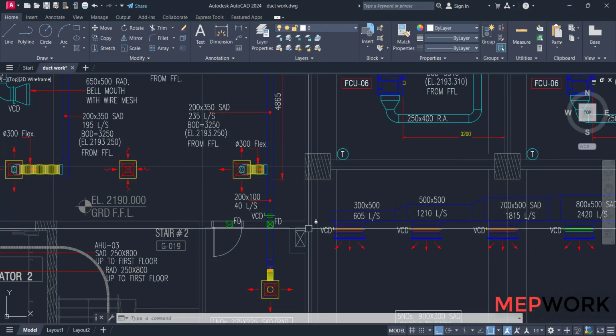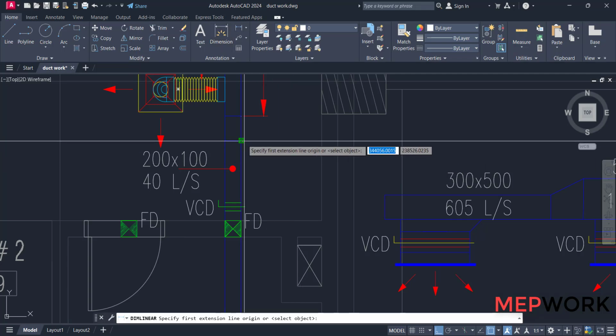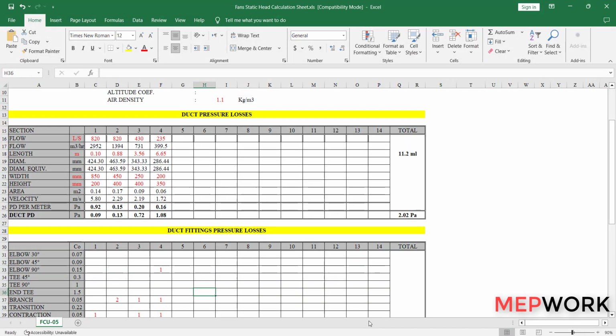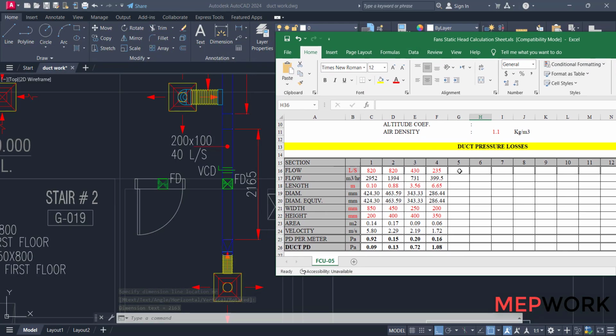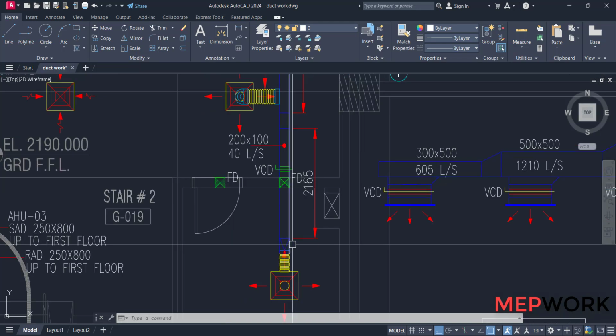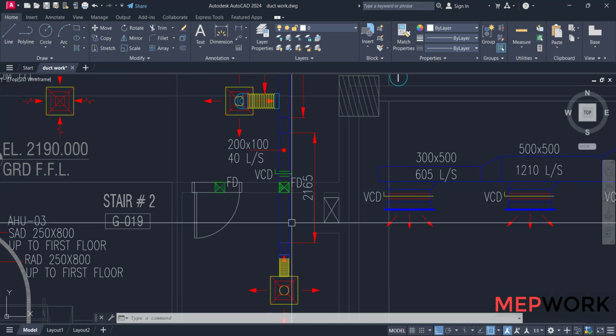To the fifth part. And the fitting on this part is a transition, a transition between rectangular duct to round duct.